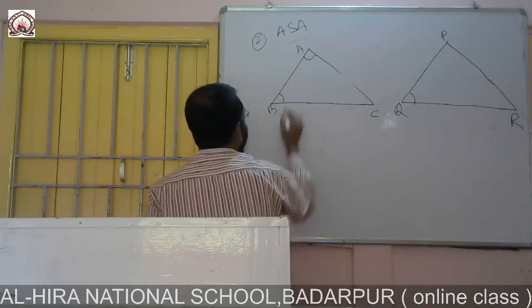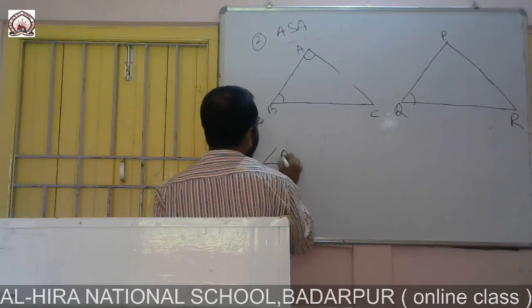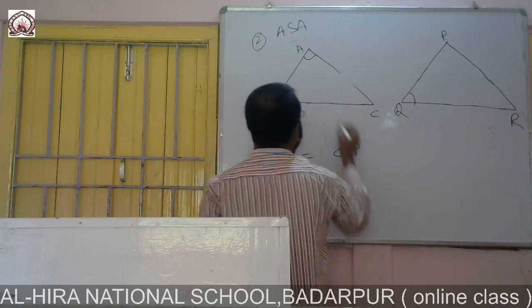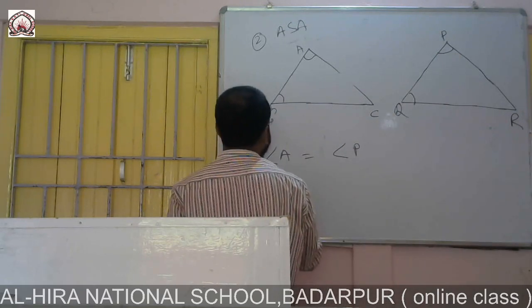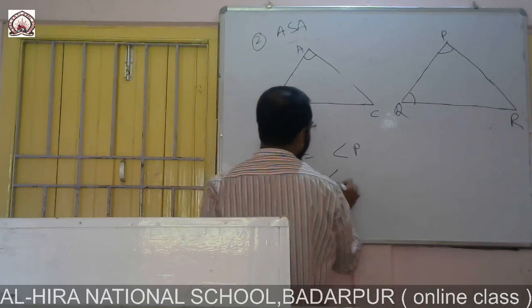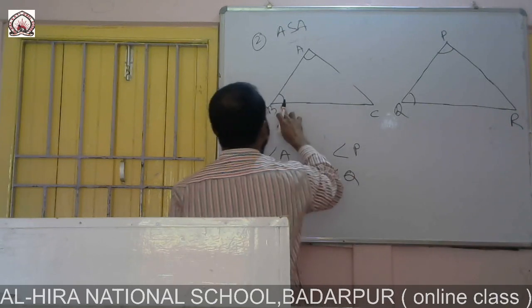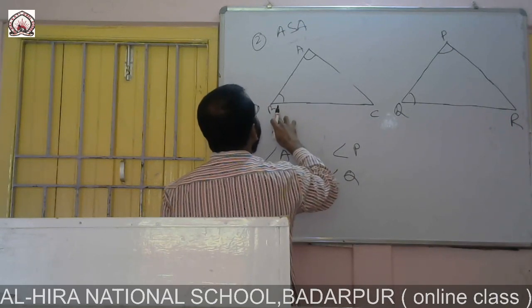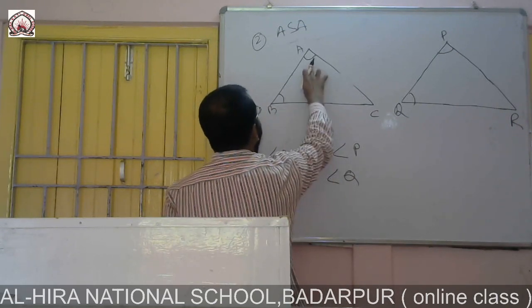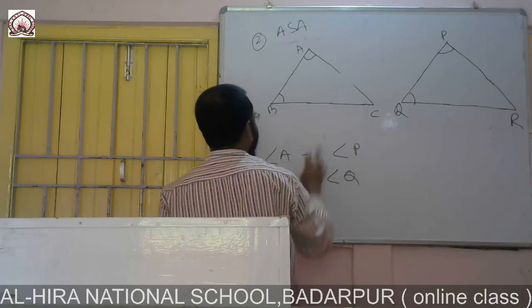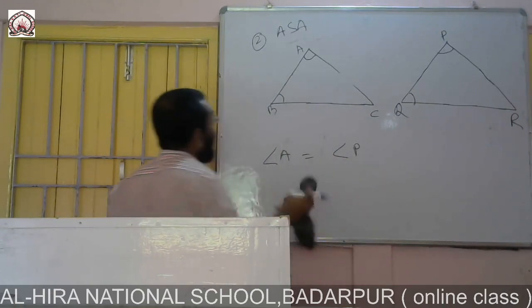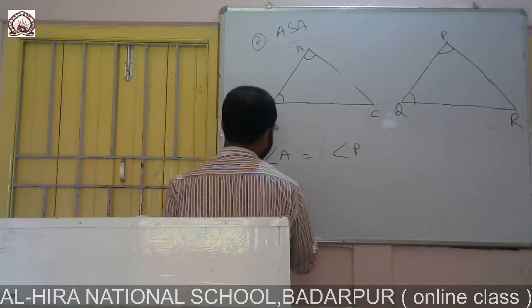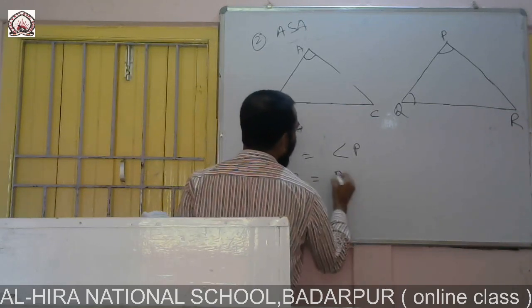Here suppose angle A is equal to angle P, and angle B is equal to angle Q. Then the side AB is equal to PQ.